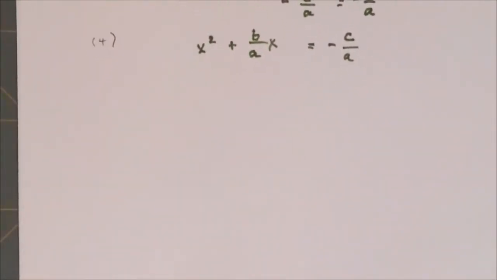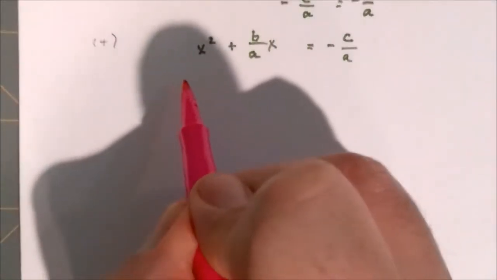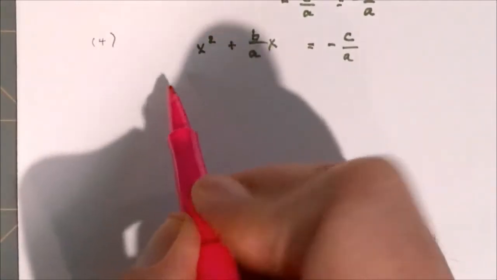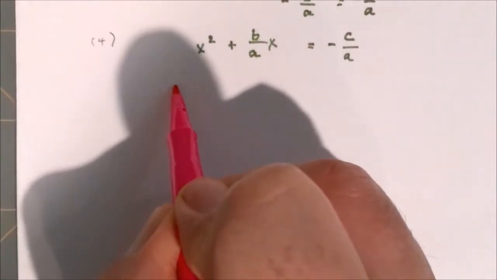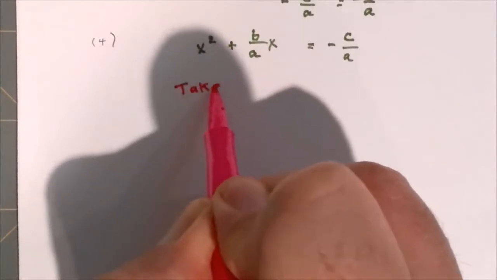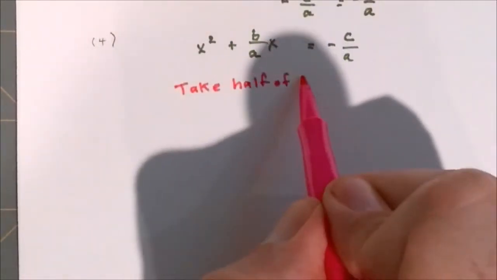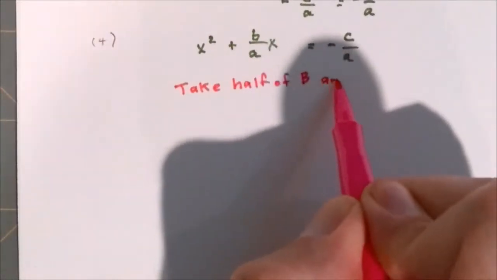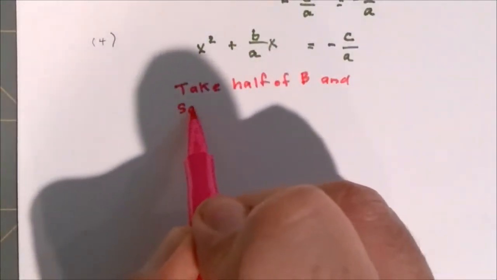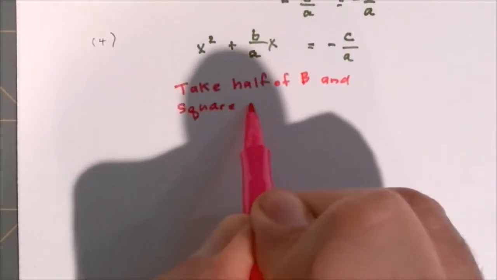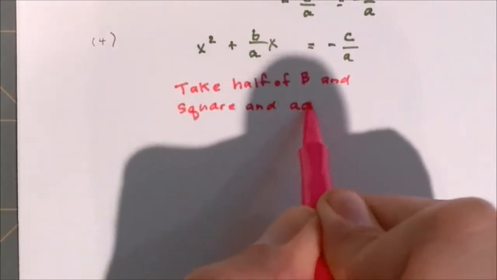Now, the next line, and I'm going to do this one in pink, I'm going to call a timeout. I don't know if you knew that you're allowed to call timeout. Take half of b and square and add.